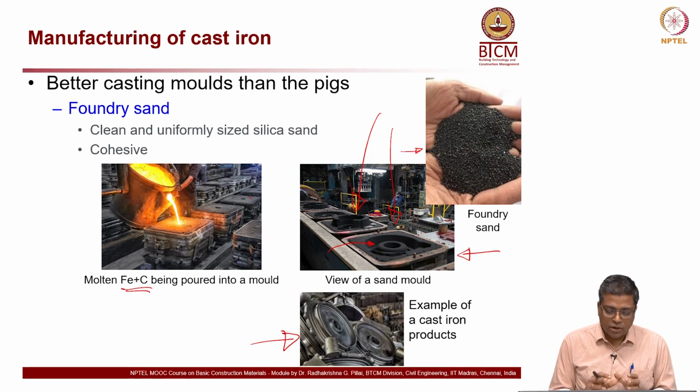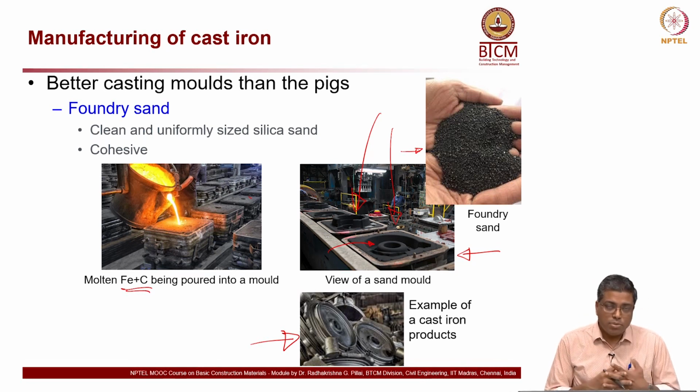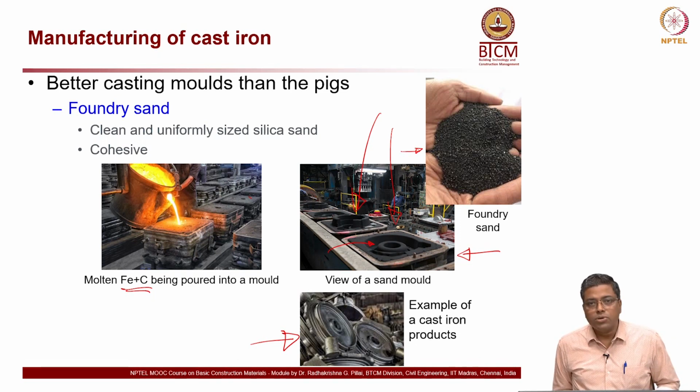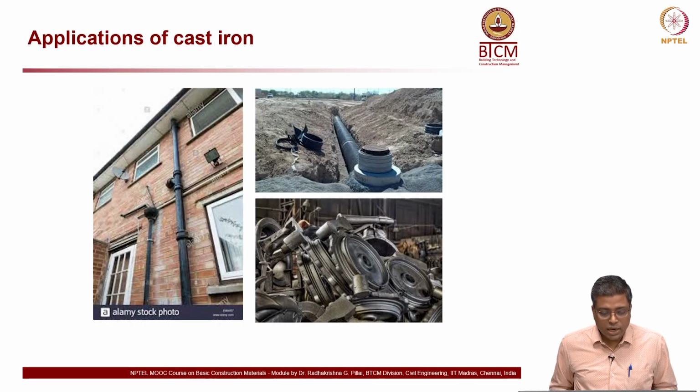Okay. So, whenever you see this kind of complex shape, you can think that most often it is made out of cast iron, because you have high strength. Main problem is brittleness. Okay. But still it is widely used in many applications because of the ease of making it, to get the complex shapes. So, these are again some of the applications. You can see pipelines, drainage pipes, sewer lines, and also machine parts.